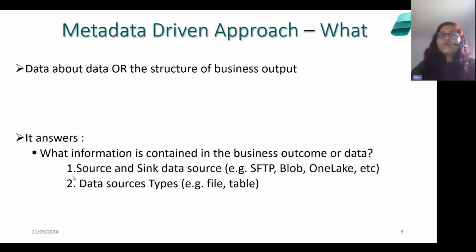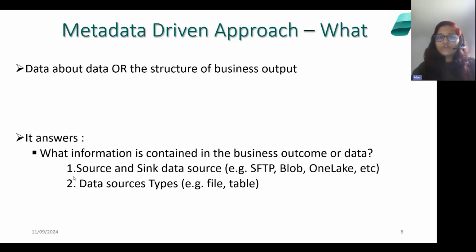It helps you to answer a few questions. For example, based on this configuration table or control table or file, you can find out information like what information is contained in the business outcome or data. For example, what is a source and what is a sink for that business outcome. For example, it can have data in an SFTP location or maybe in a SQL table or OneLake.